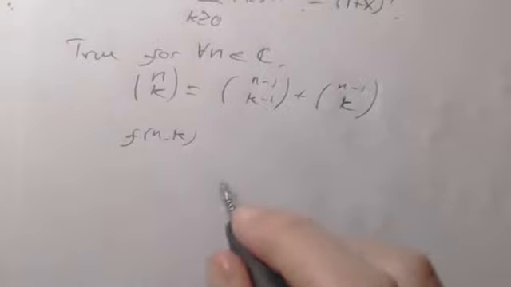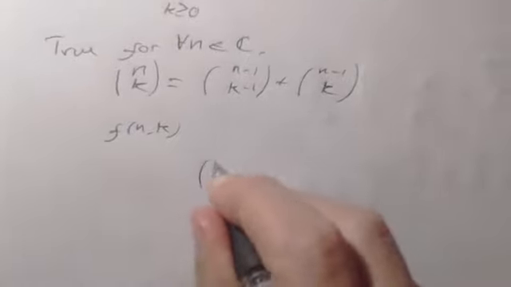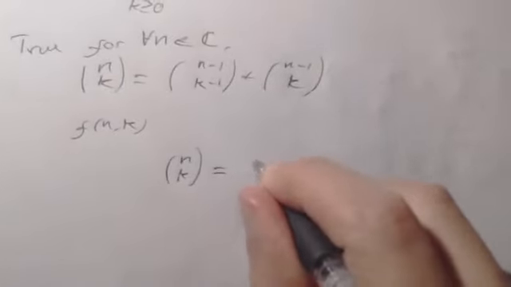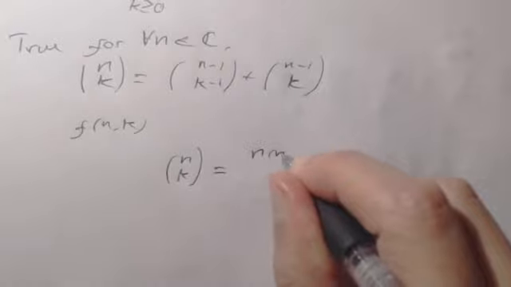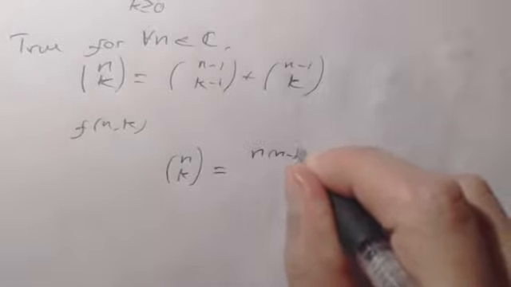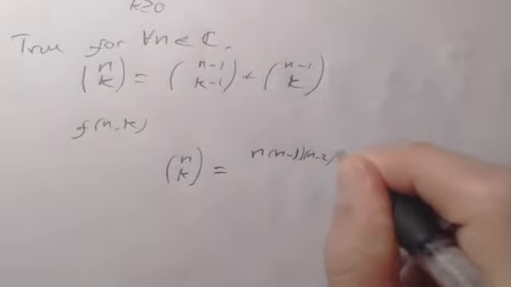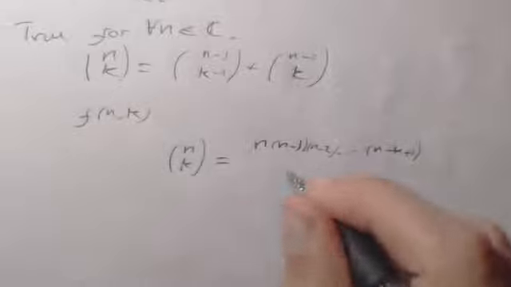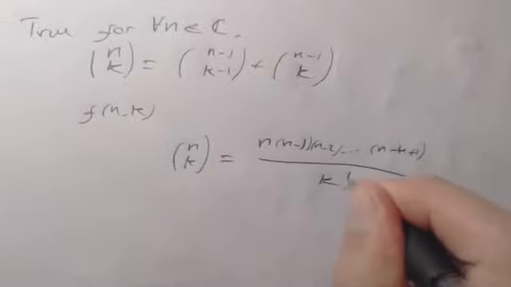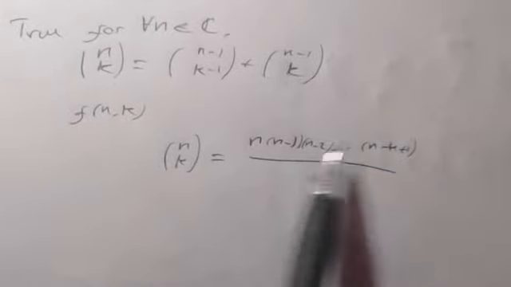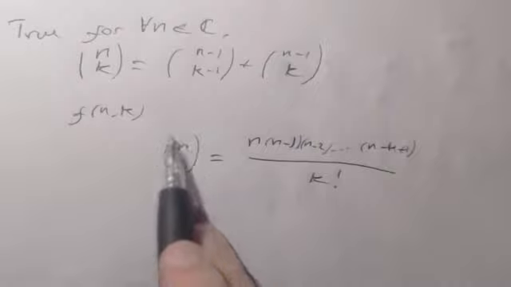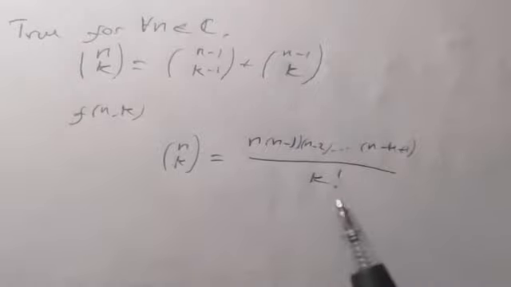And what we did is using the generating functions, we derived the following formula that n choose k was equal to n times n minus 1 times n minus 2 ... n minus k plus 1 over k factorial. And then we used this definition to define this for all n complex numbers.